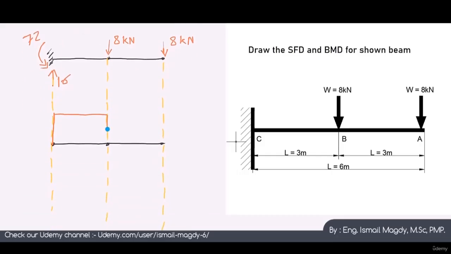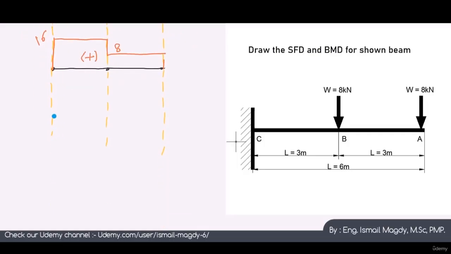So from here we will go downward. This is the 16 kN, and we will go downward till we reach 8 kN. We'll keep going horizontal again till we reach the other 8 kN, and we'll go downward and reach 0. And it means that all the shear force is positive here.